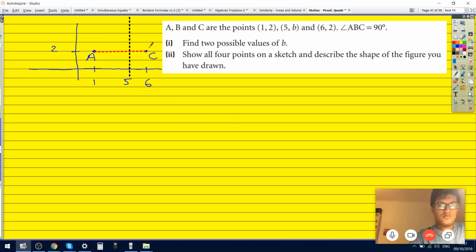Well, if this was a right angled triangle, what do you know?